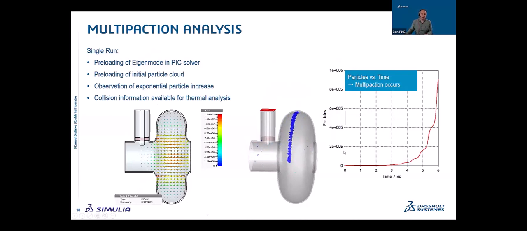And this can be an avalanche process, as you see in the plot on the right. This can become dominant and lead to the cavity no longer functioning as an accelerating cavity. So it's something that you have to prepare for by correct cleaning and finishing of the cavity walls, and by making sure that your bunches are timed so that they let the multipaction die away before the next bunch comes through.